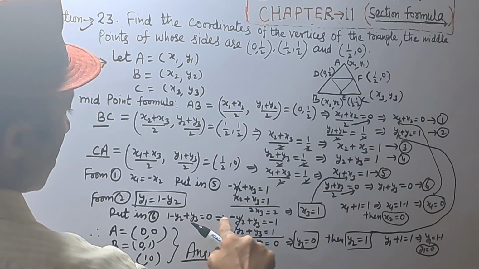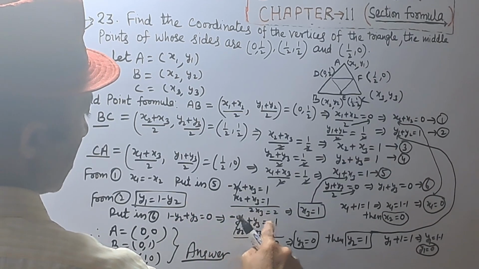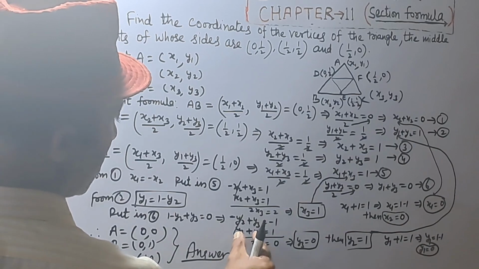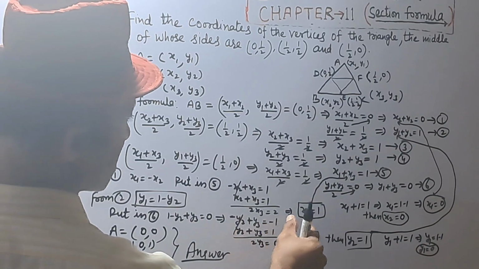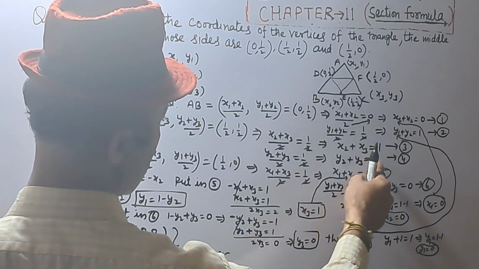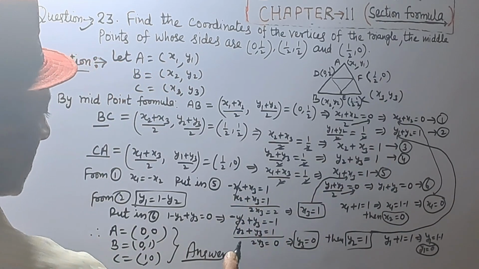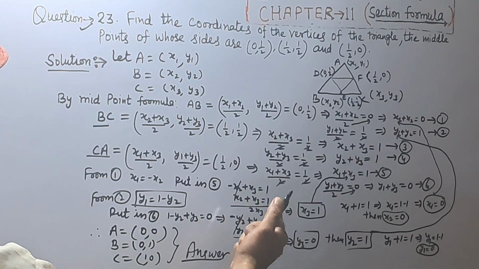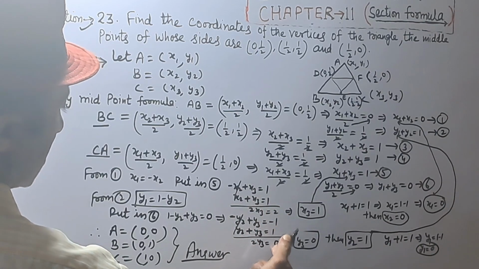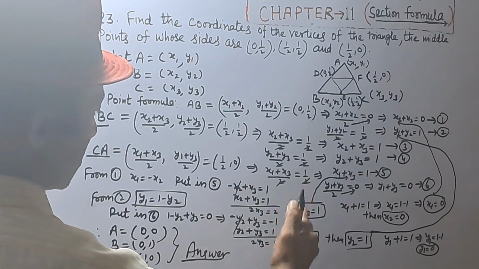And adding minus y2 plus y3 equal to minus 1 and y2 plus y3 is equal to 1, equation 4th. y2 is cancelled and 2 times y3 equal to minus 1 plus 1, that is 0, then y3 is equal to 0.